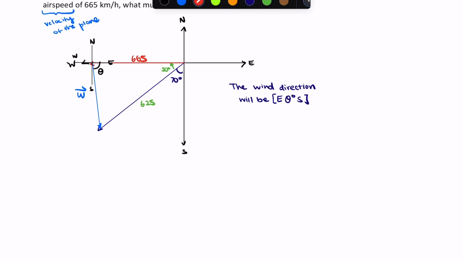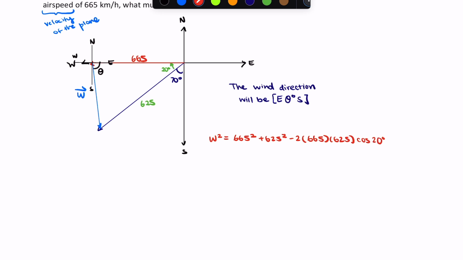Again, so here we have W squared is equal to 665 squared plus 625 squared minus 2 times 665 times 625 cos 20 degrees.